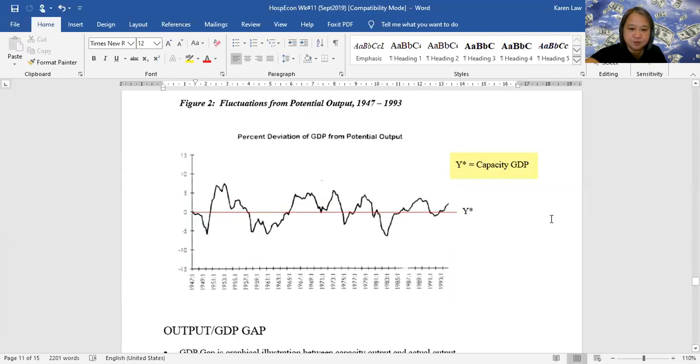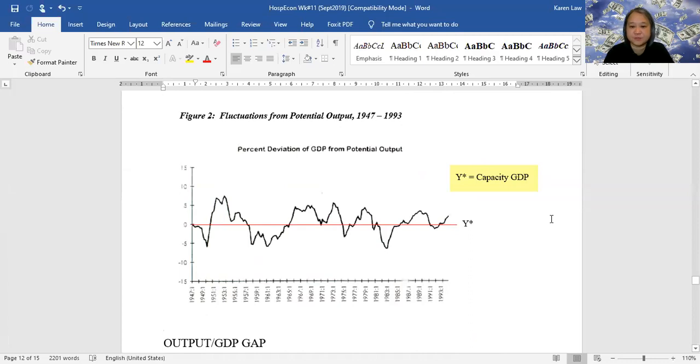So this just gives you an idea, in terms of 1947 to 1993. The red line is our capacity or our full potential, okay? And the black line here is our actual output. You can see that anytime our output is above our Y star, we are producing more than the economy should be producing.